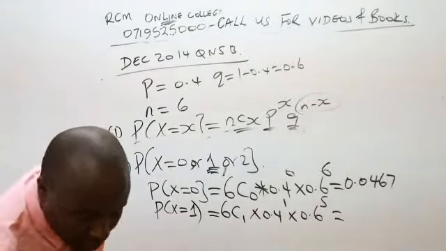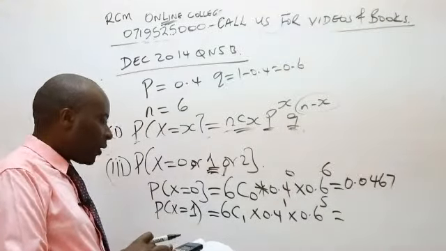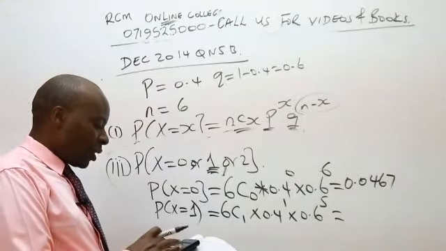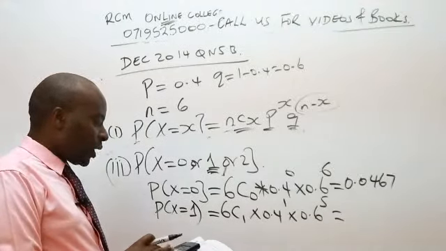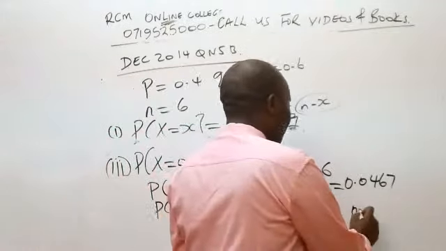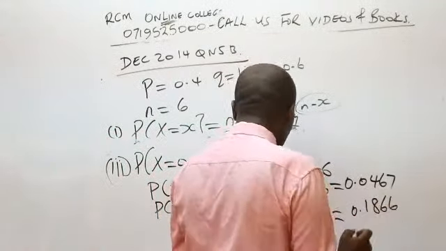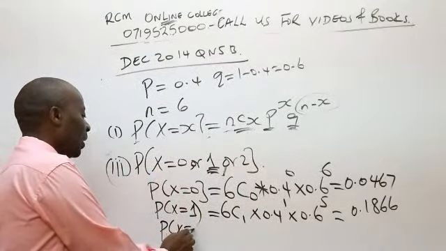So get out your calculator again. 6 combinations 1 times 0.4 raised to 1 times 0.6 raised to 5 gives me 0.1866.